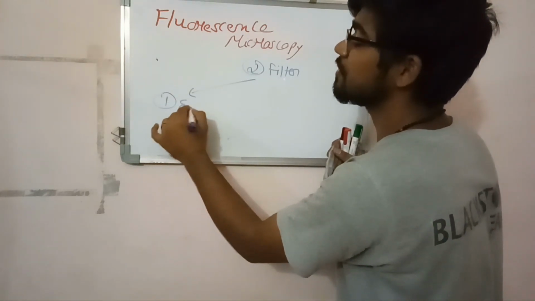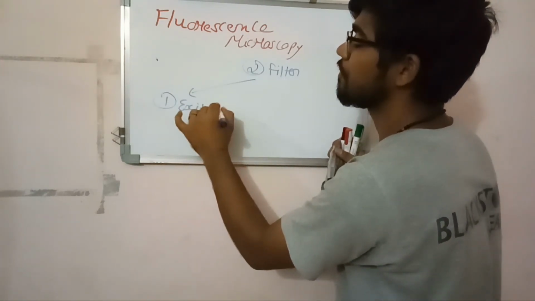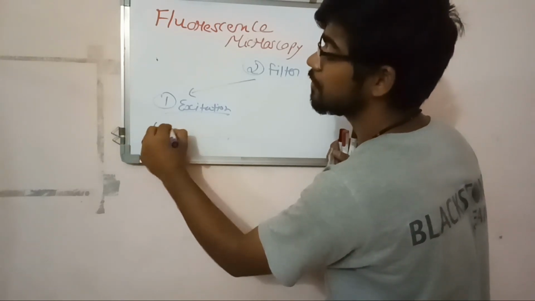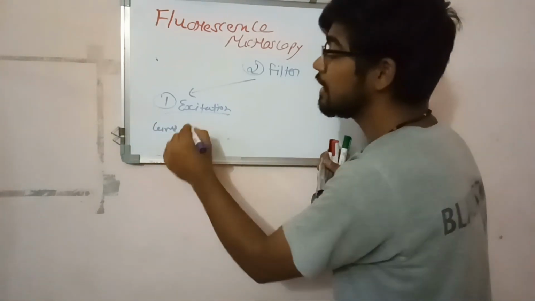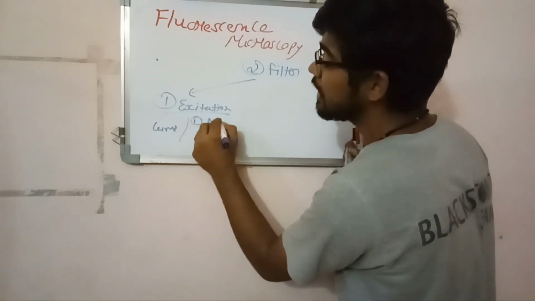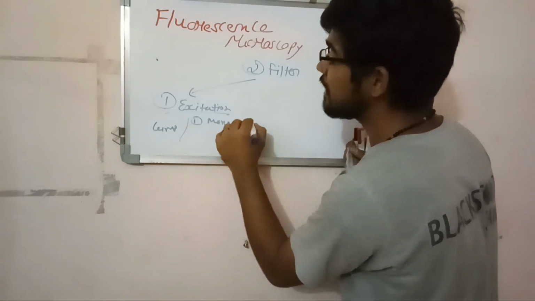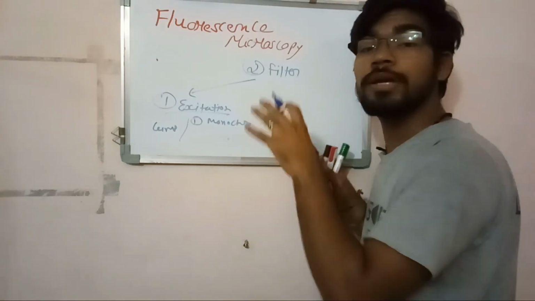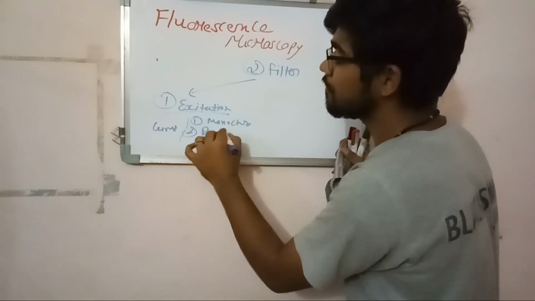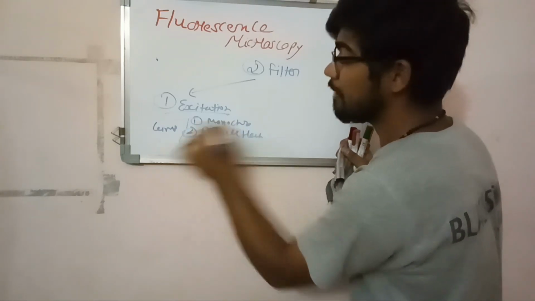The excitation filter is present next to the lamp or source of radiation. It passes monochromatic, specific wavelength light, because specific wavelength light is required to excite the molecule. It also reduces the heat produced by the lamp.